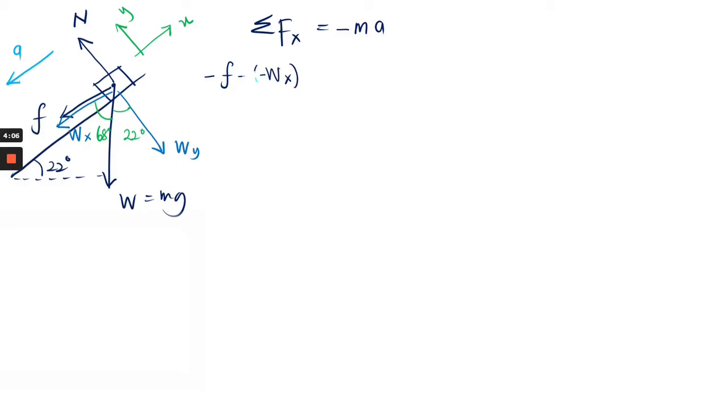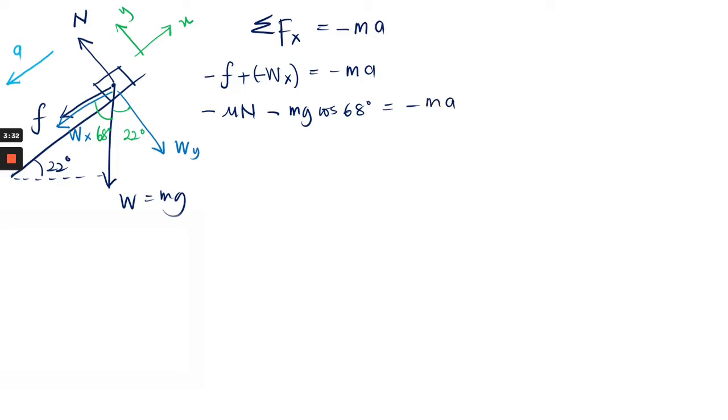Then we add them, because we have to find the summation of forces acting on the x component, and it is equal to negative ma. So we can substitute the formula for the friction force, which is mu N, and then minus Wx, which is equivalent to mg cos 98 degrees, and it is equal to negative ma.